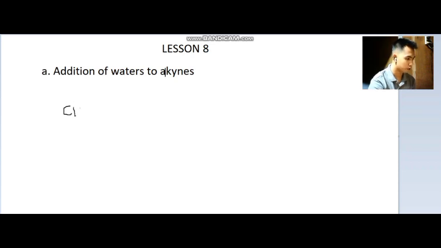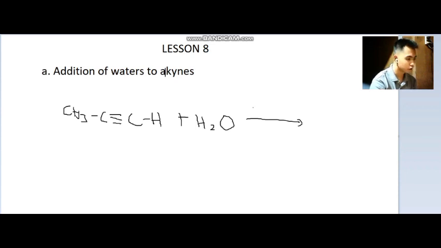Okay, suppose that we have a CH3 bonded to a carbon, and then a triple bond to C, and then here H, and then we're going to have H2O with a catalyst of H2SO4. So let's pretend that this is an acid catalyst, and what will happen is that the reaction will be like this: CH3 and C.